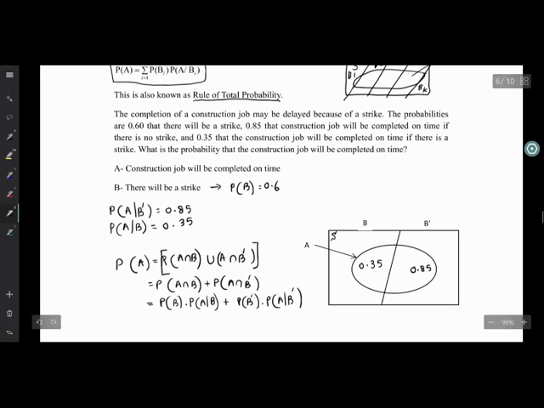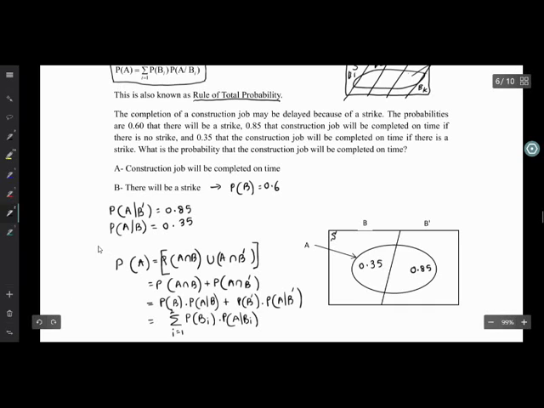Now you can see that this is the law of total probability, the rule of total probability. If we write this as the summation, i goes from 1 to 2, we have only two possibilities, strike or no strike. So you have P(Bi) times P(A given Bi). In our case, we can say B1 is the strike, B2 is the no strike. So you have applied the rule of total probability.